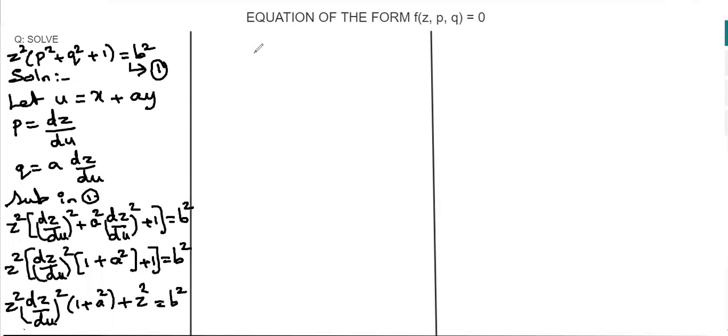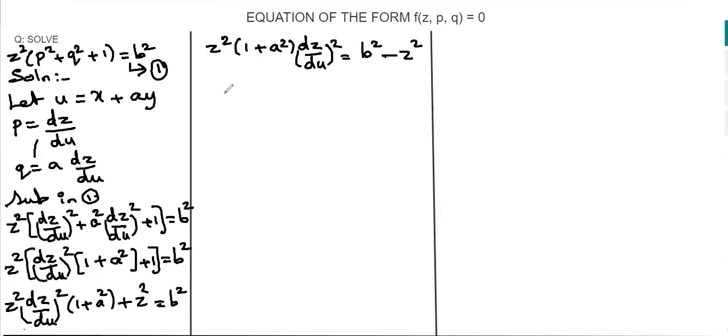Now this z square into (1 plus a square) into dz by du the whole square equals, see, this b square is on the right hand side. I am bringing the single term z square to the other side, so minus z square will be there.